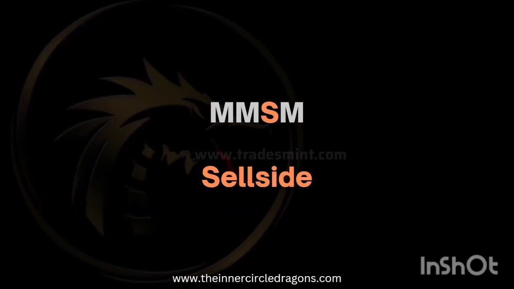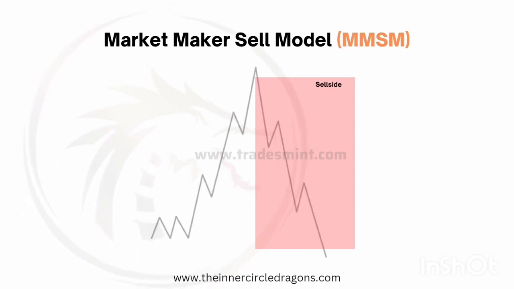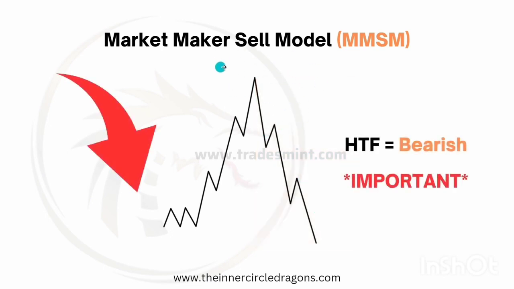So now let's discuss the sell side of the market maker sell model. On the right side of the curve, we have the sell side delivery. Again, we look for the market maker sell model when the higher time frame is bearish.